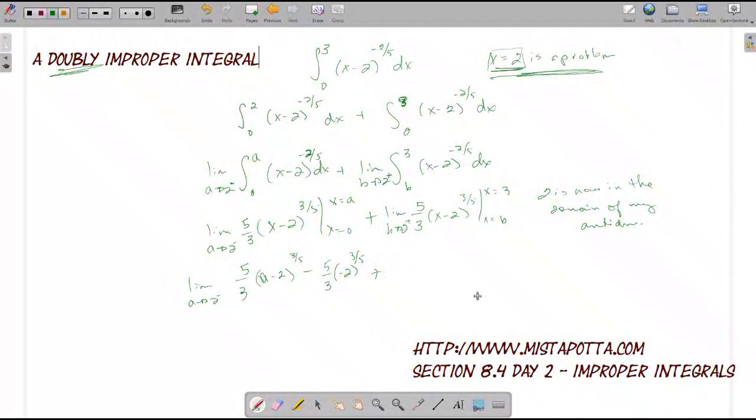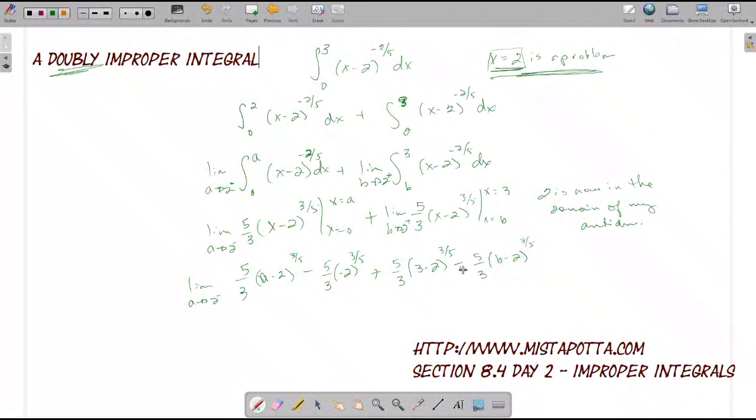And I'm going to add that to substituting in b and 3 over here: 5/3 times 3 minus 2 to the 3/5, minus 5/3 times b minus 2 to the 3/5.